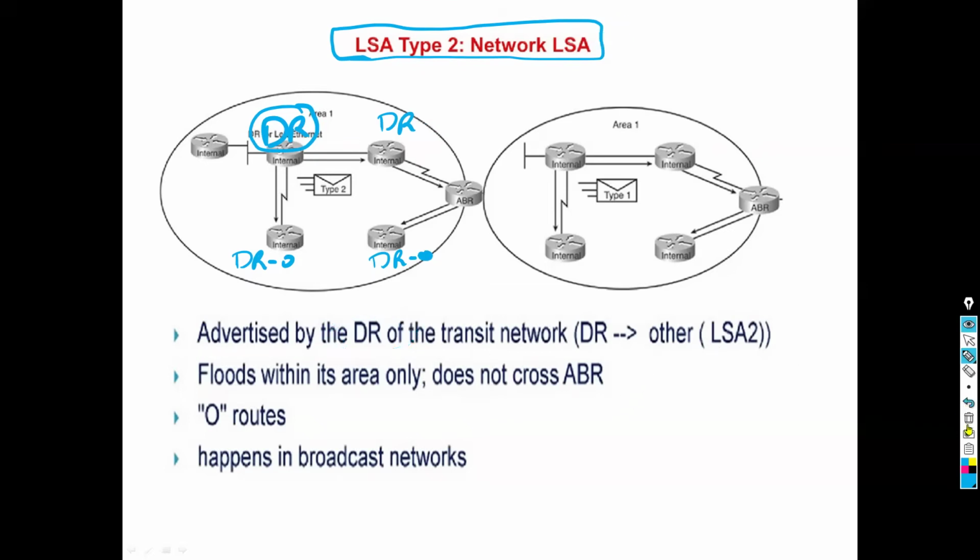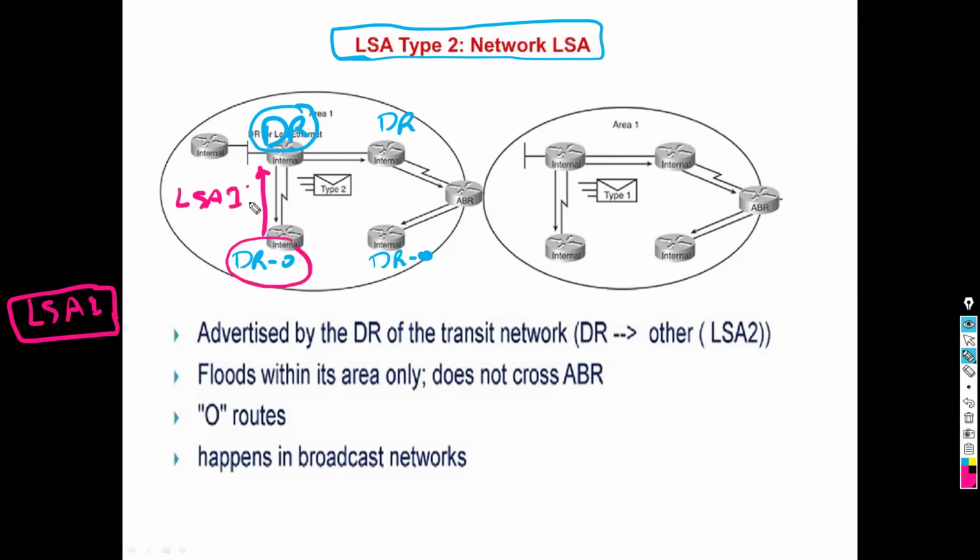What is LSA 1? Let me tell you. It is generated by all the routers within the area. If anything happens on a router, it will send an update to the DR. This is called LSA 1.